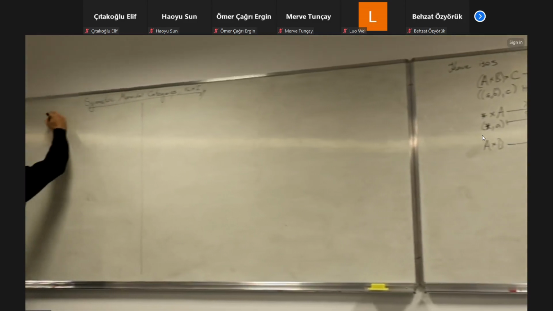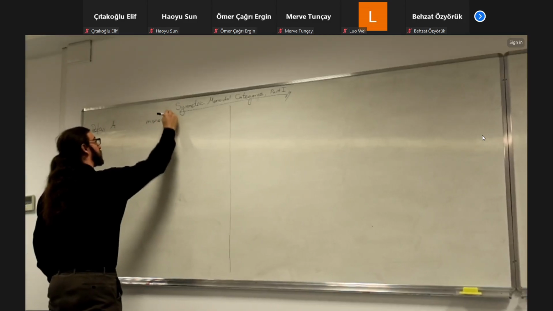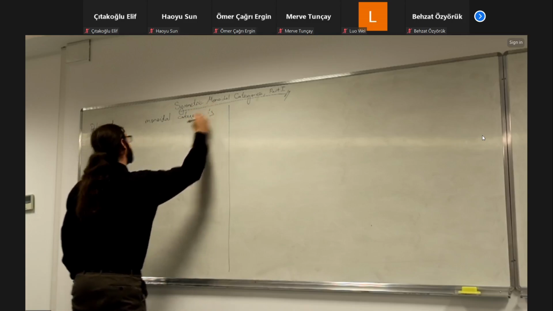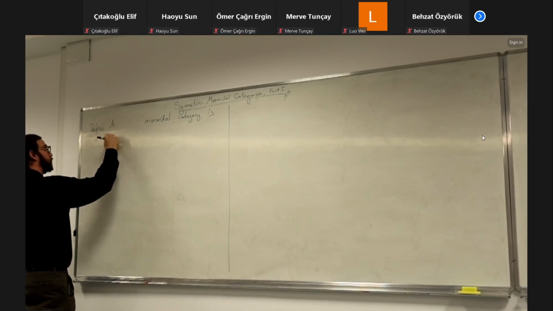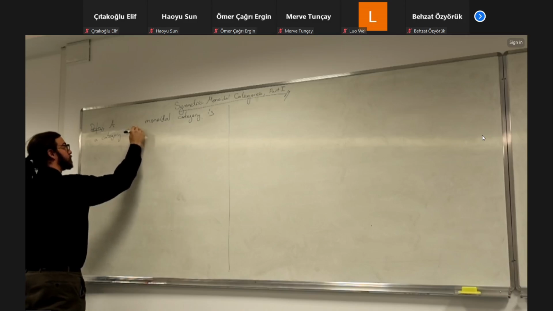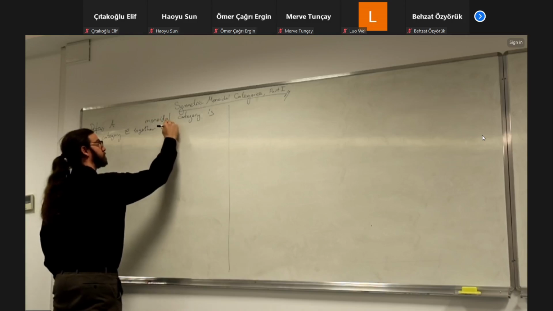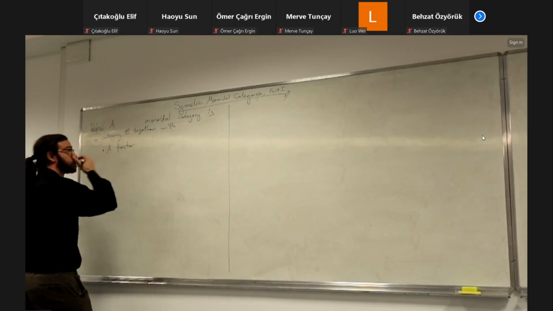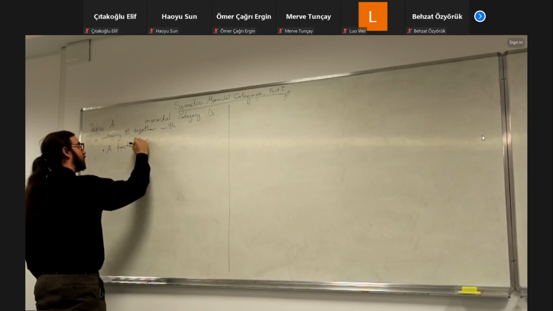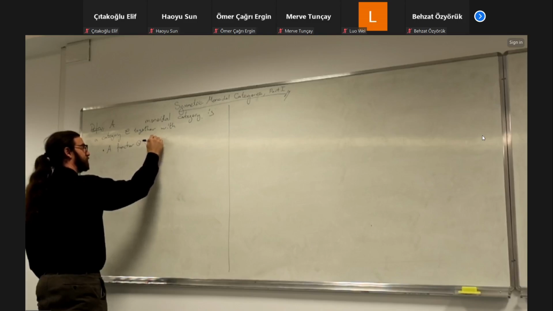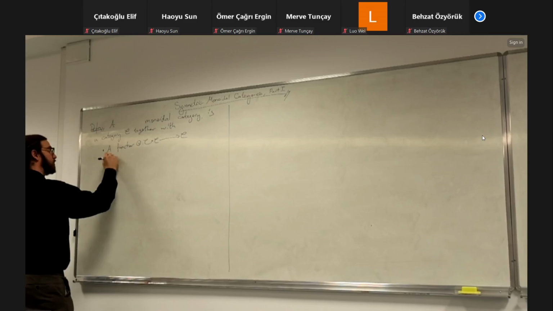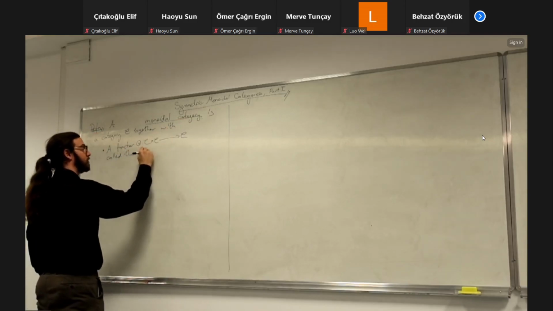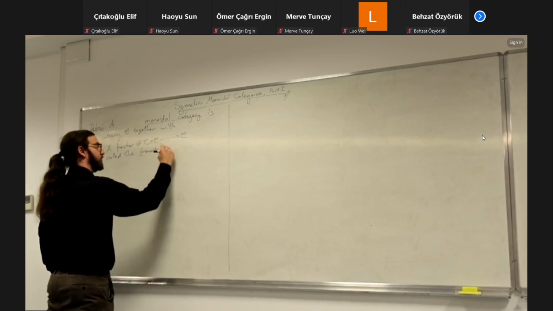A monoidal category is a category C together with a functor, which I'll write using the tensor product symbol, from C cross C to C, called the monoidal product.